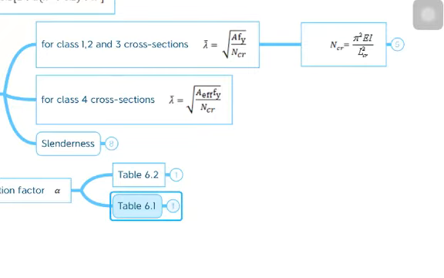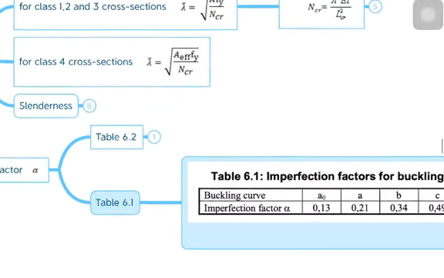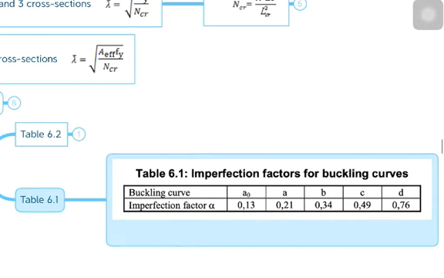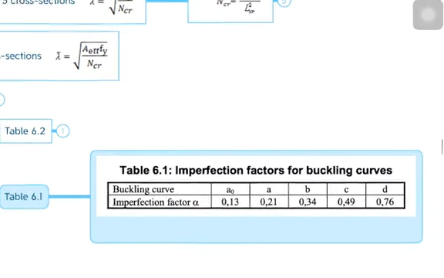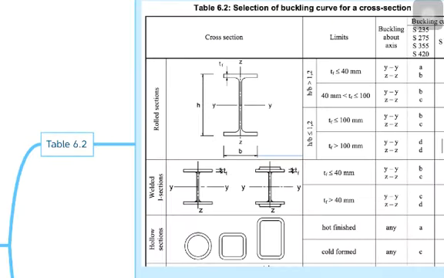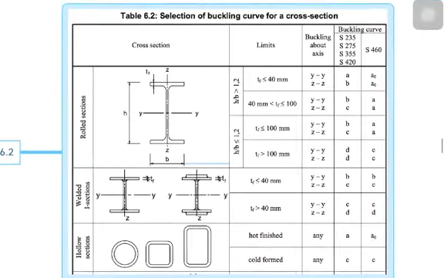You have to refer to table 6.1 first, where it depends on the buckling curve, whether it's buckling curve A, B, C or D. But in order to know which buckling curve, you have to look at table 6.2.